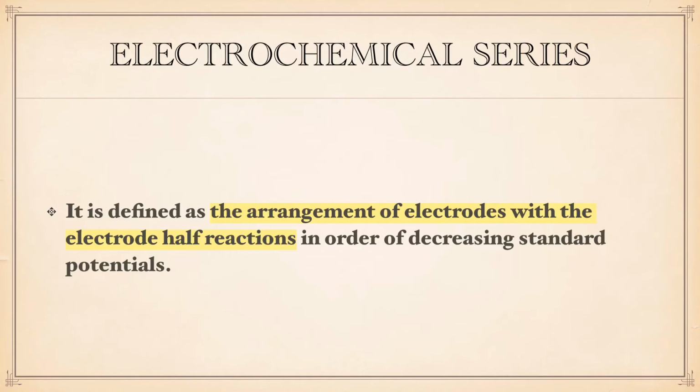Cu electrode, so it will be Cu2+/Cu, with the electrode half reactions. So the half reactions will be strictly what? Reduction reactions, which we have seen. For the standard thing we always write down reduction reactions in order of decreasing standard potential, that means highest values will be at the top and lowest will be kept at the bottom.